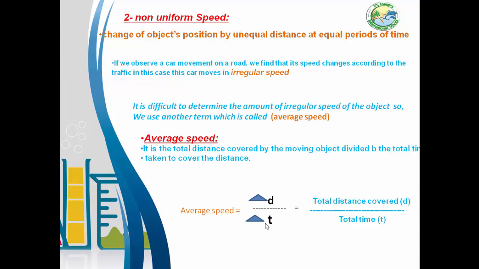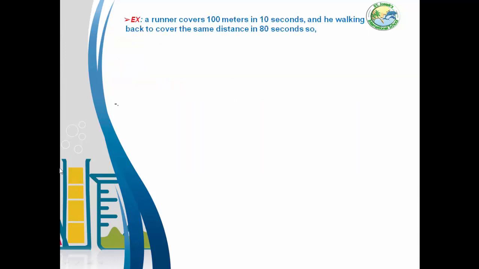We have a problem example. A runner covers 100 meters in 10 seconds and he walks back to cover the same distance in 80 seconds. So he runs to cover 100 meters in 10 seconds and he returns walking the same distance, which is 100 meters, in 80 seconds.